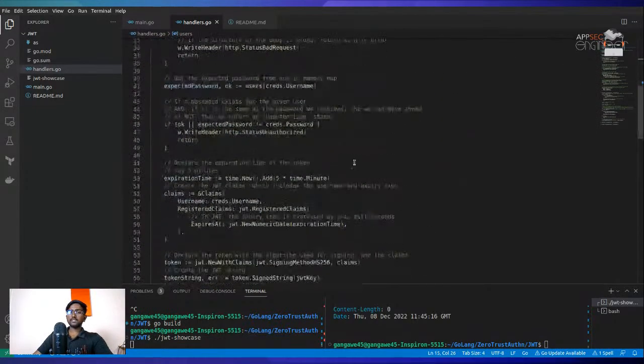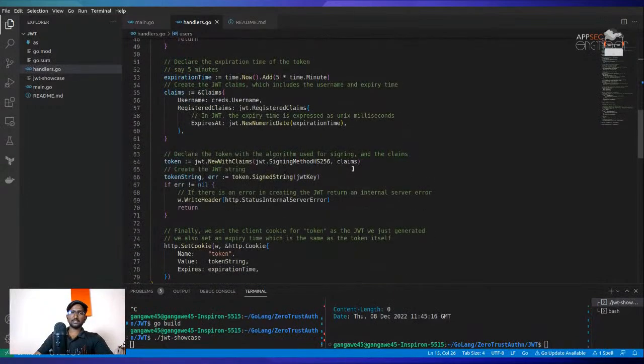So HS256 stands for HMAC, which is a method for signing your JWT token, and this uses a symmetric key, and in this case both you as well as the client are going to be sharing the same key, which is terrible.